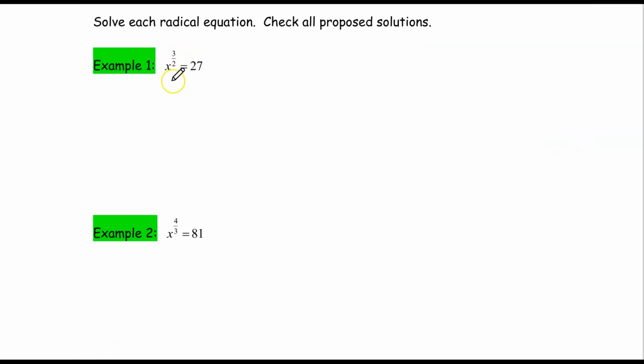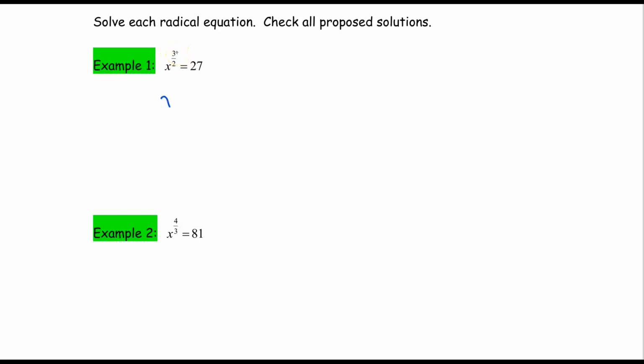To illustrate, let's consider the following examples. We are to solve x to the 3/2 equal to 27. Since this is already isolated, the expression that contains the rational exponent is already on one side of the equation, then we'll go ahead and raise both sides of the equation by the reciprocal of the power of x.